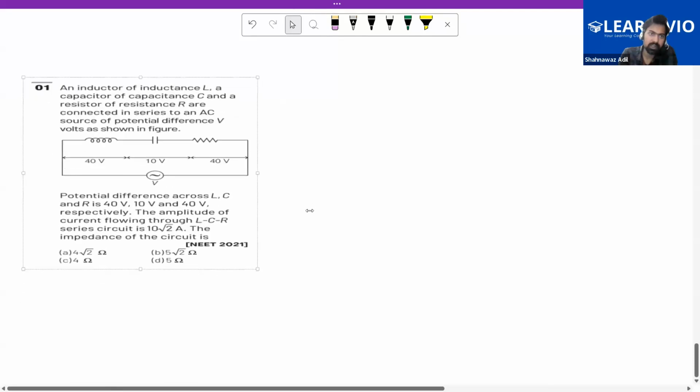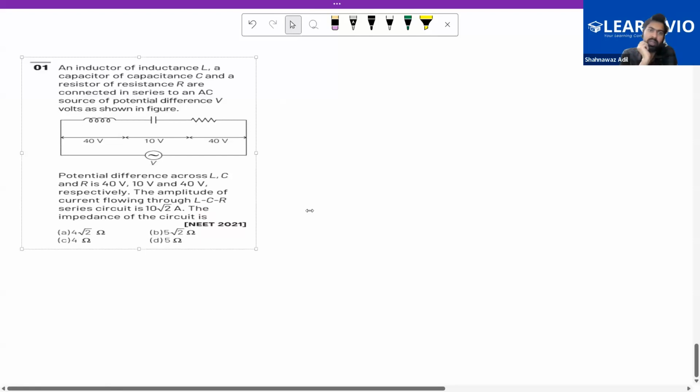This is the question. An inductor of inductance L, a capacitor of capacitance C and a resistor of resistance R are connected in series to an AC source of potential difference 3 volts. As shown in figure, potential difference across L, C, and R is given. The amplitude of current flowing through the LCR series circuit is 10 root 2.